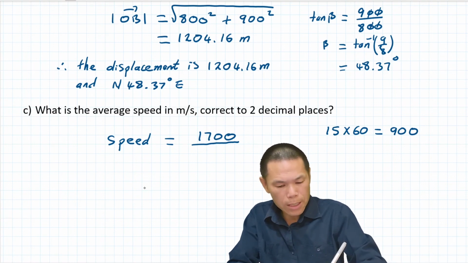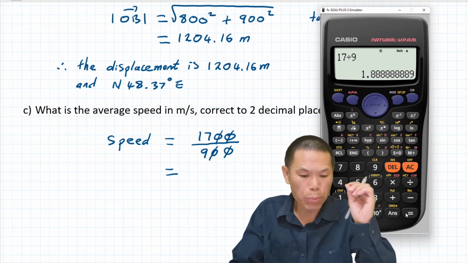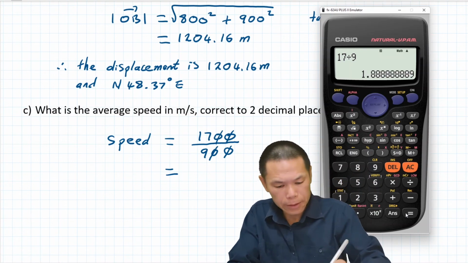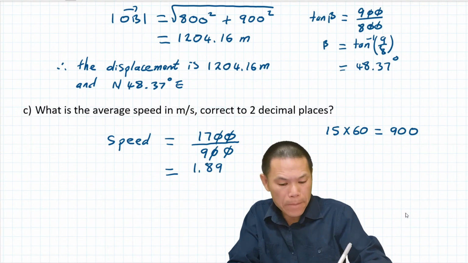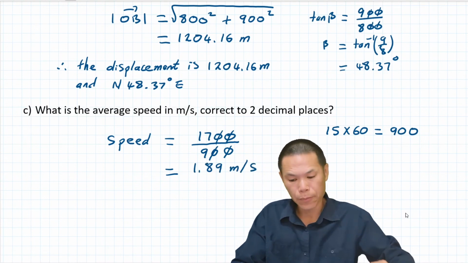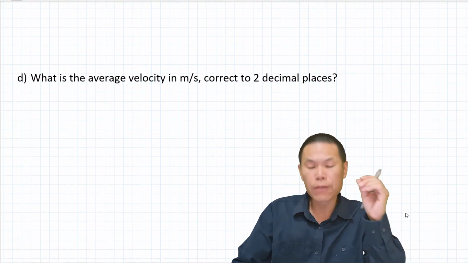So 1,700 divided by 900, I can just cancel this, so 17 divided by 9. That is 1.89 meters per second.